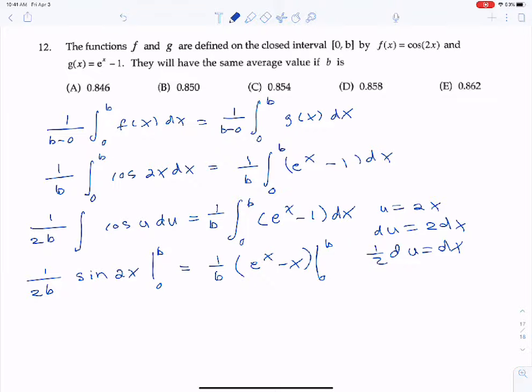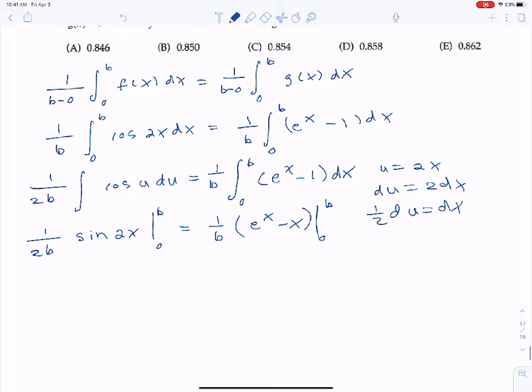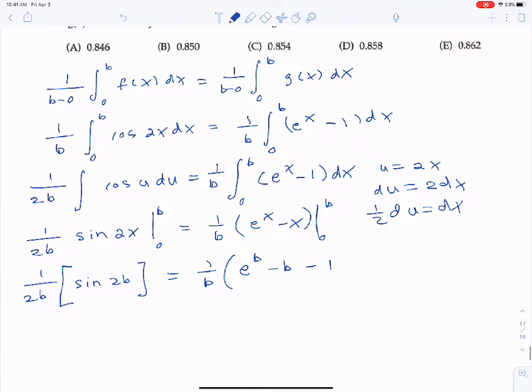So from there, what do we get? We get 1 over 2b times the sine of 2b minus the sine of 0, which is just 0, so I'm going to ignore it, equals 1 over b times e to the b minus b minus e to the 0, which is 1. So we get this.